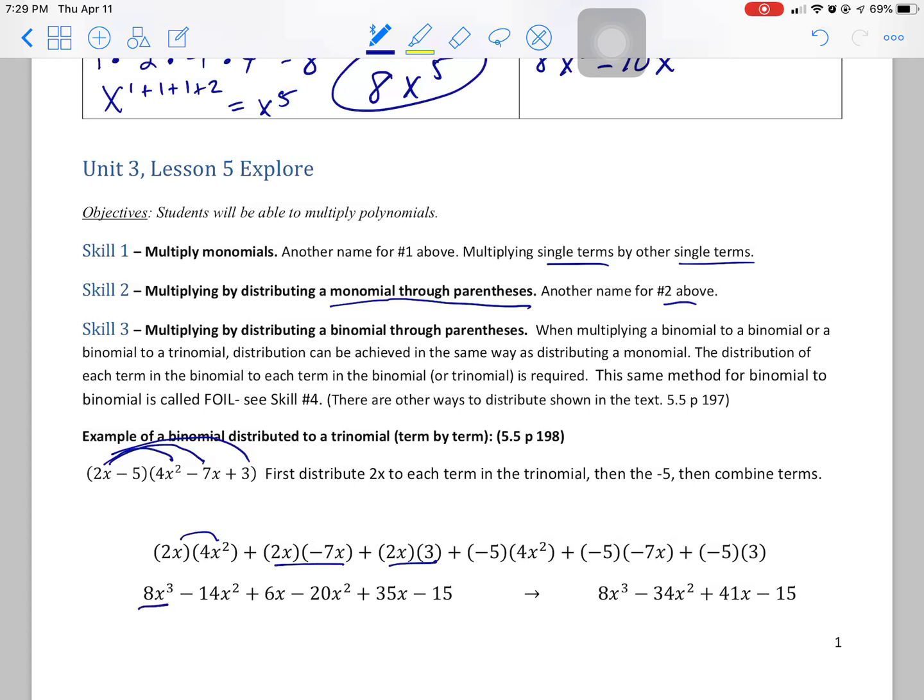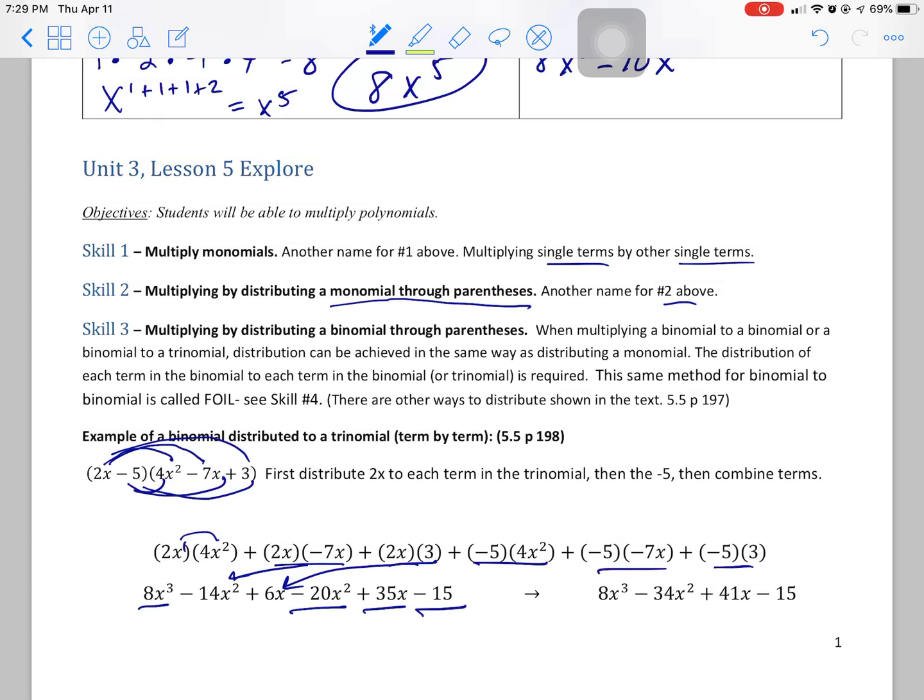That gives us the 8x to the third. Remember, we're adding the 1 to the 2, x to the 3. This one turns into a negative 14x, negative 6x, okay? This one here is from here, here, and here. Okay, this is what's going on.